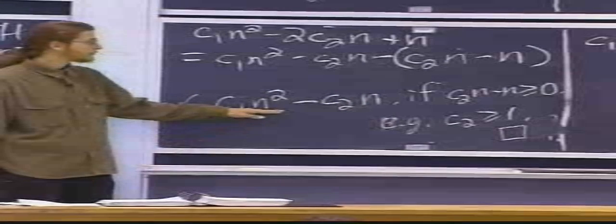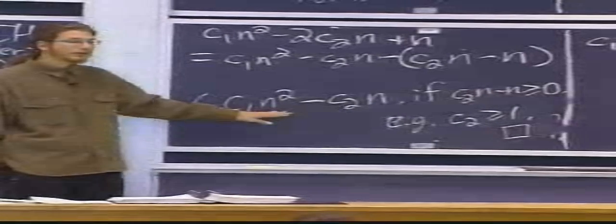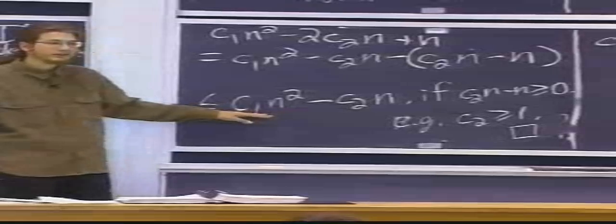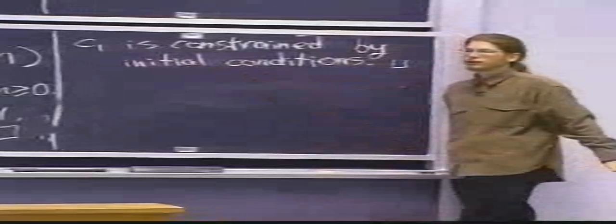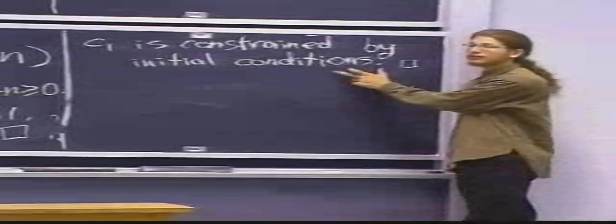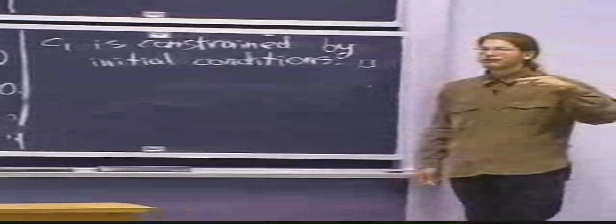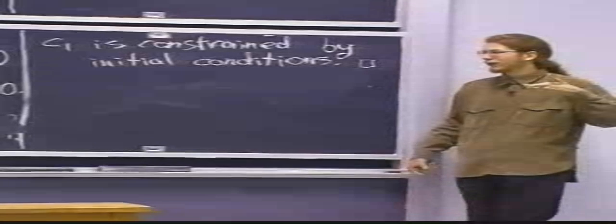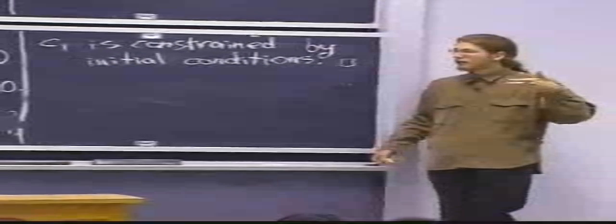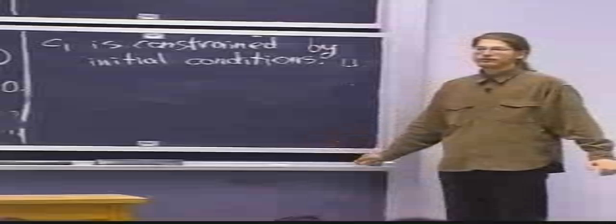We want to make this as small as possible. And the only thing constraining the constant in the lead term is C1. I mean, that is the constant. It's only constrained by the initial condition, by the base case in your algorithm. So what this is saying is if you can optimize the base case in your algorithm, if you can solve problems of size 1 and 2 and 3 faster, the whole algorithm will run a lot faster.